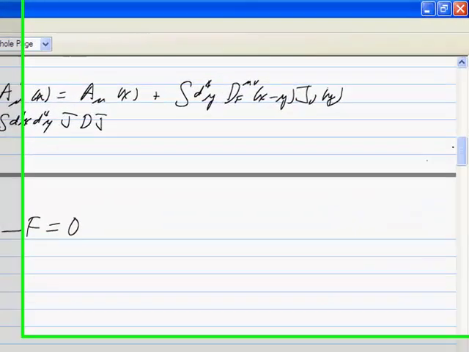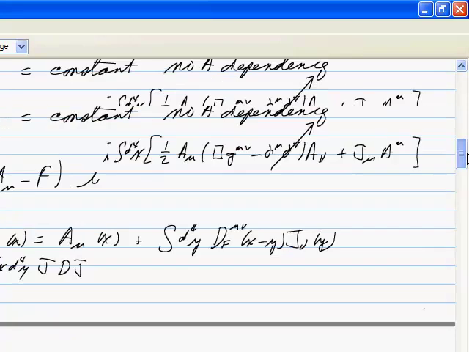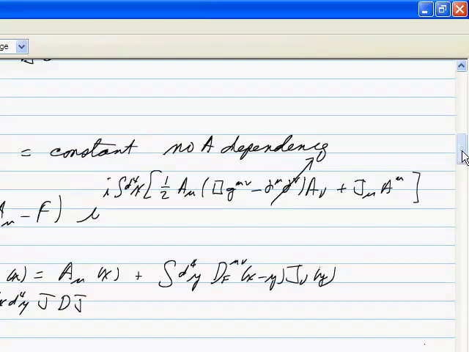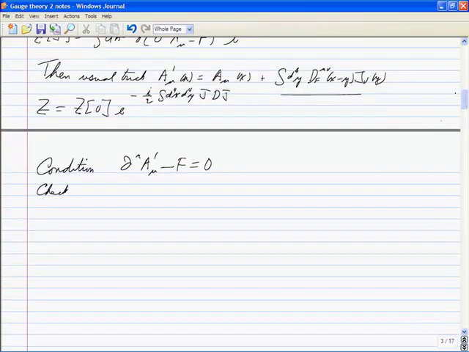It's actually pretty easy to see that the condition is just that the second piece there gives 0. The first piece gives the gauge condition. This one will if that gives 0. So actually there's a little condition on that.